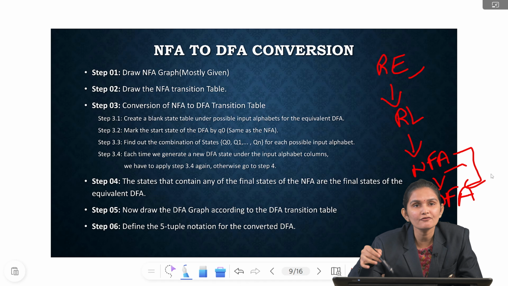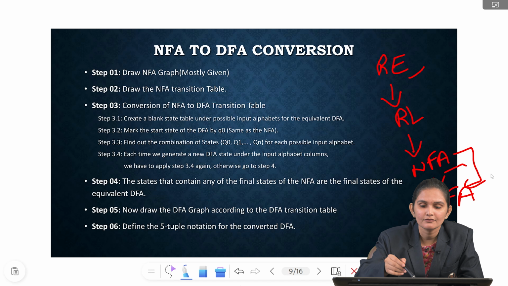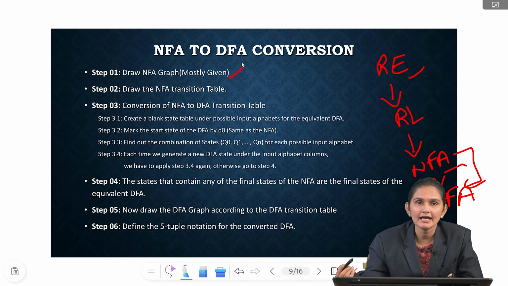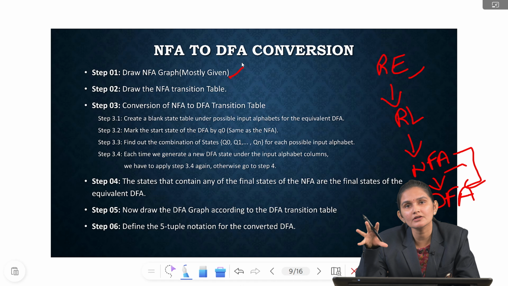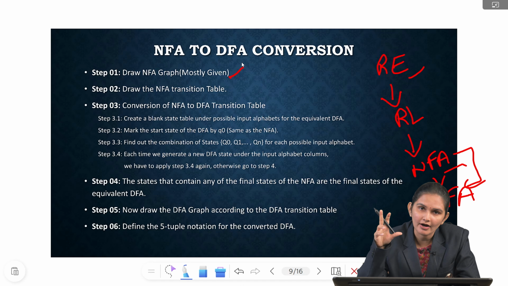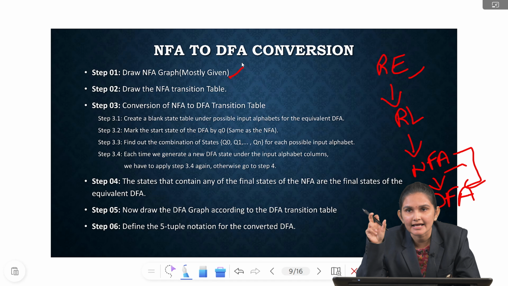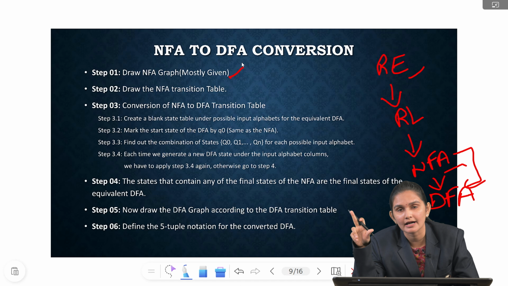So the algorithm for the conversion is, first we'll be getting an NFA graph. NFA graph will be given to us mostly, or otherwise the five tuple notation will be given for the NFA. From that, we will draw a transition table using that transition function or transition graph.